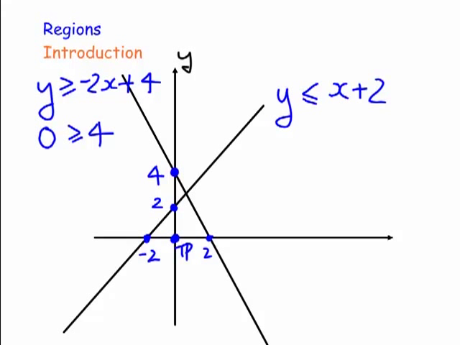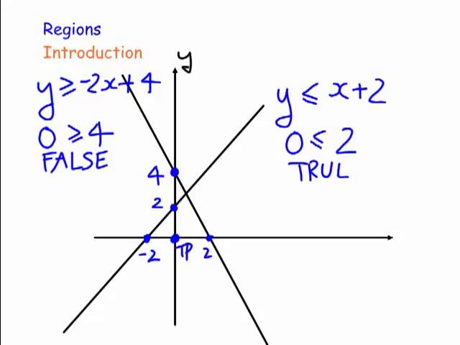No. So the test point is false here. How about the other one? Putting in 0, 0, remember x and y are both zeros, is 0 less than or equal to 2? So this one is actually true.